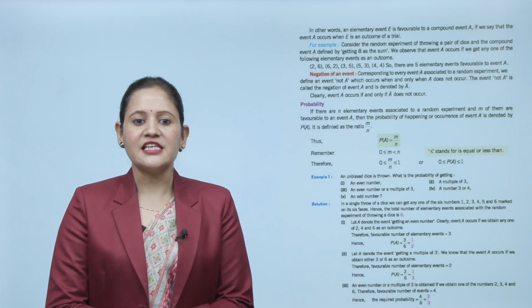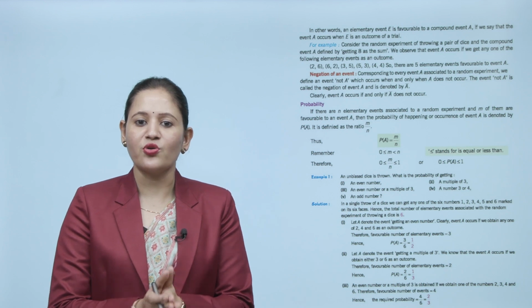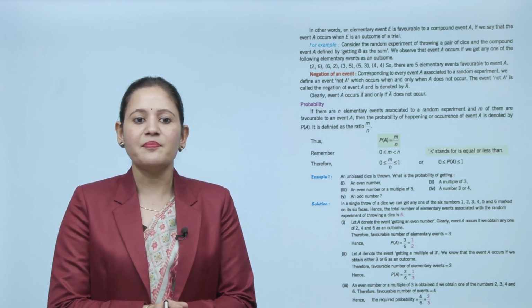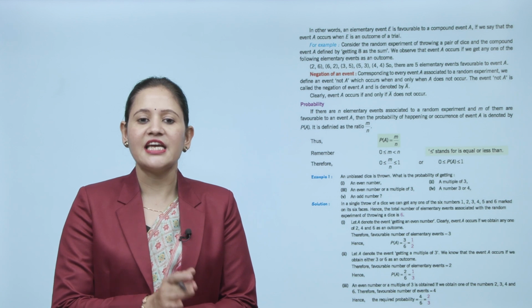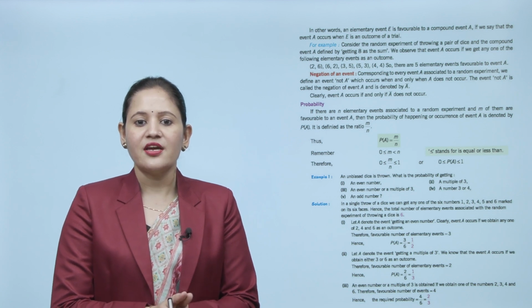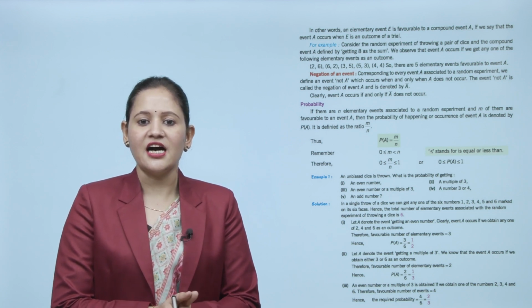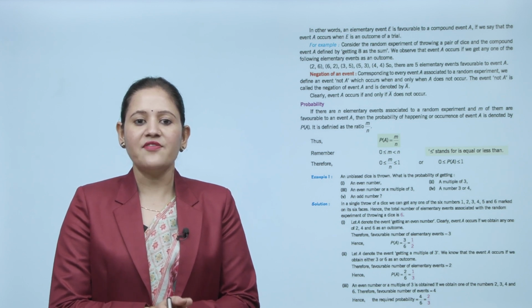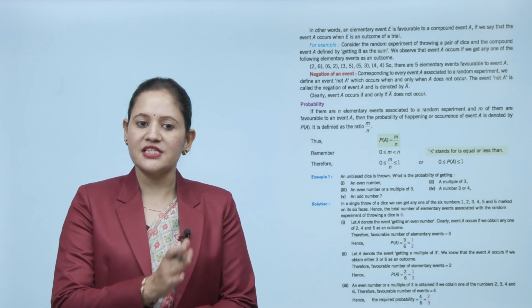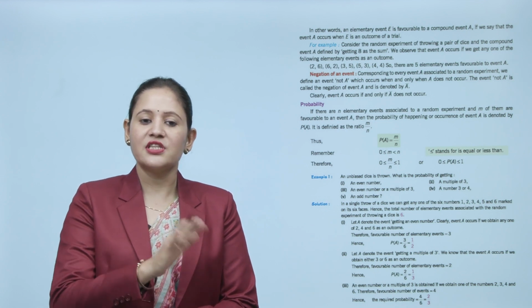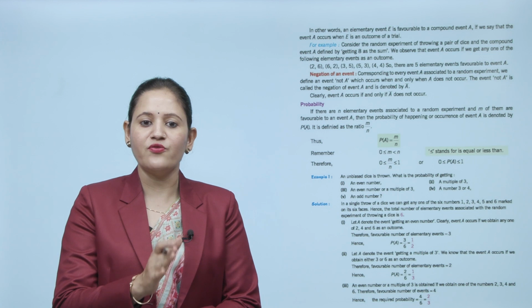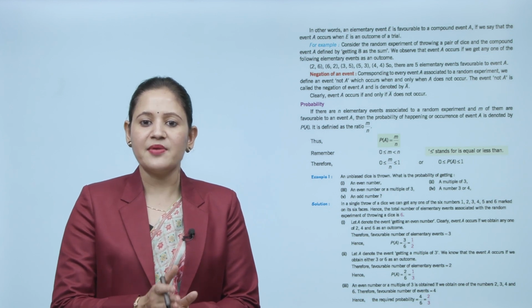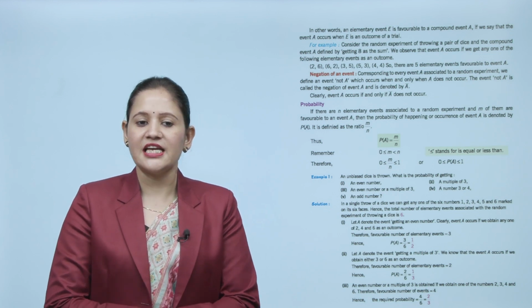For example, consider a random experiment of throwing a pair of dice and the compound event A defined by getting 8 as the sum. We observe that the event A occurs if we get any one of the following elementary events as an outcome: 2 and 6, 6 and 2, 3 and 5, 5 and 3, 4 and 4. So, there are 5 elementary events favorable to the event A.